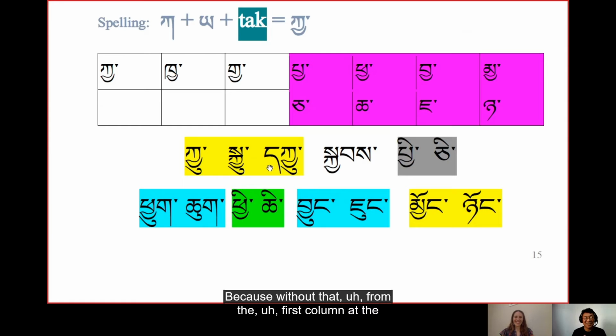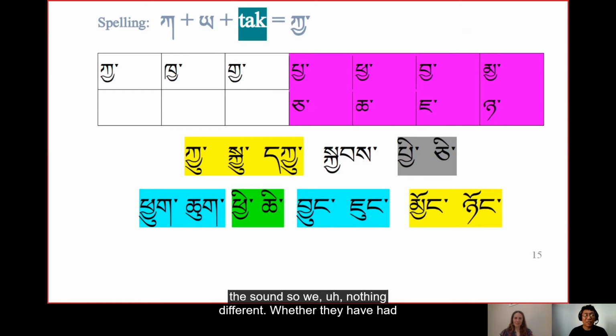Because we know that from the first column, the male letters like ka, cha, ta, pa, za, from the beginning have high tone, and we need a large effort to produce the sound.